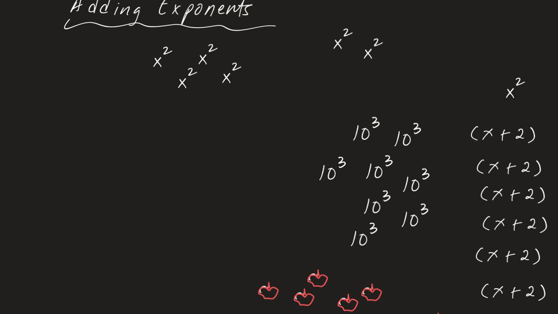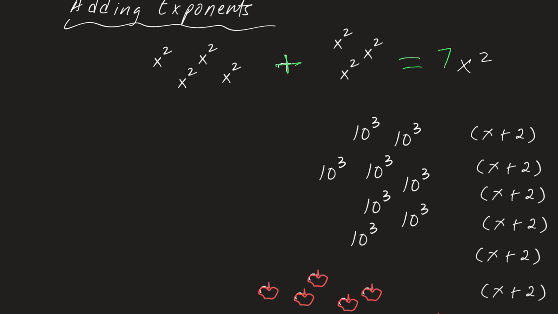I have 3x squared in there. If I add those two together, you of course would tell me, just like the apple, how many do we have here? 1, 2, 3, 4, 5, 6, 7. We have 7 x squares.